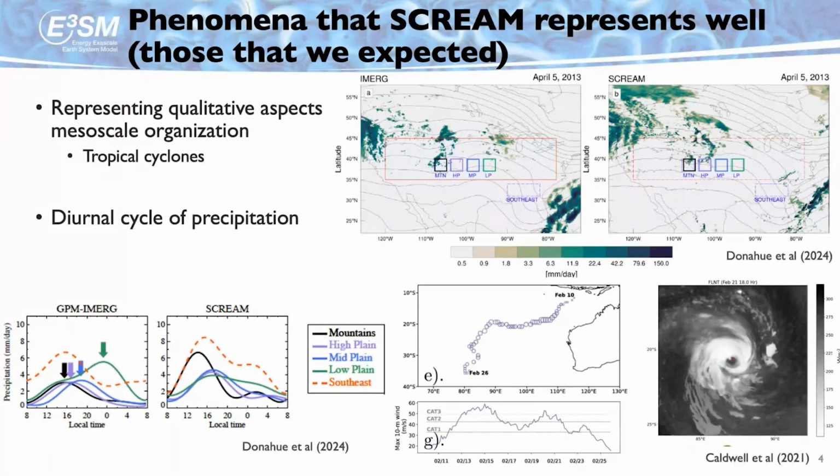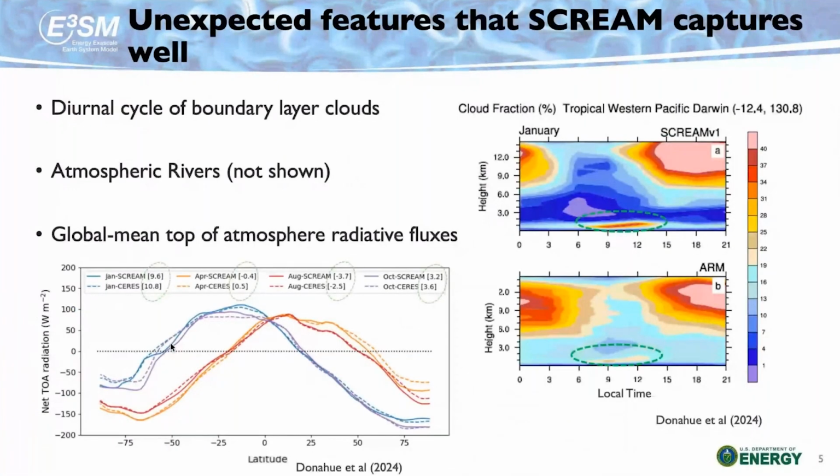There were some surprises in terms of what SCREAM does well with, and one of them was the diurnal cycle of boundary layer clouds, and we can actually evaluate that with ARM retrievals and observations, because now we're at 3 kilometers, where we think that the scales at which the observations are made are close to what SCREAM is able to resolve.